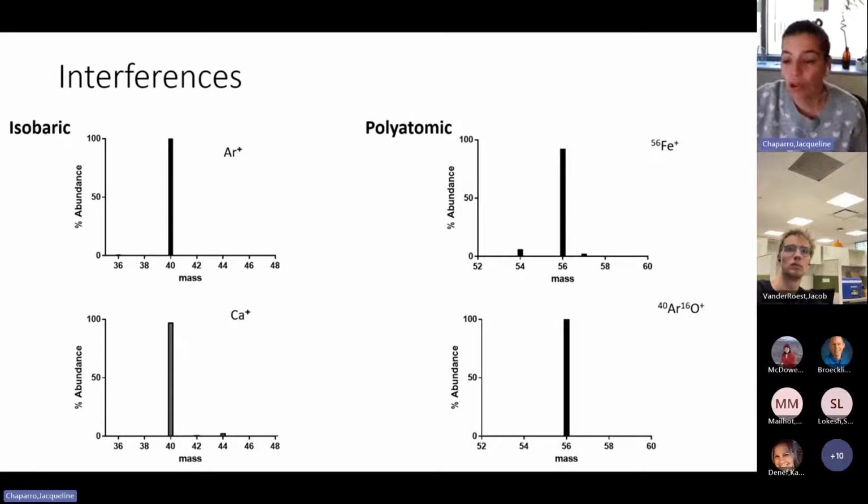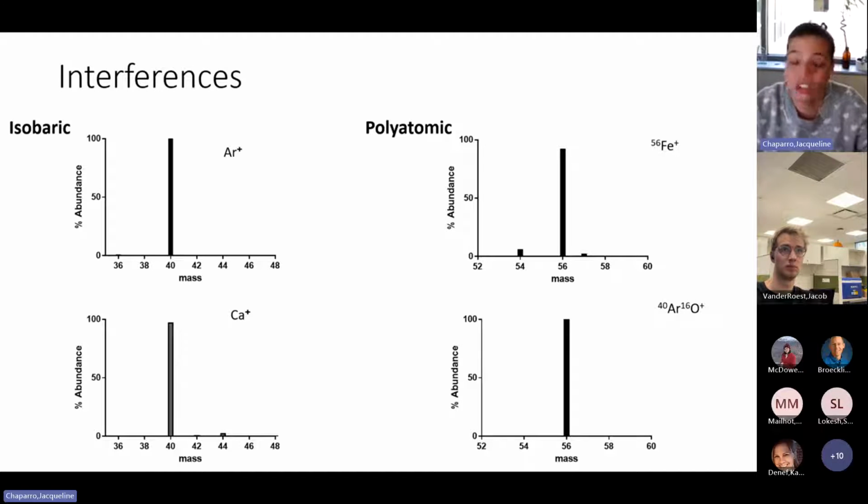So that will also affect your measurement of iron, and you would potentially skew your results to declare that there is more iron present than there actually is, because the ICP-MS can't distinguish iron from argon oxide.